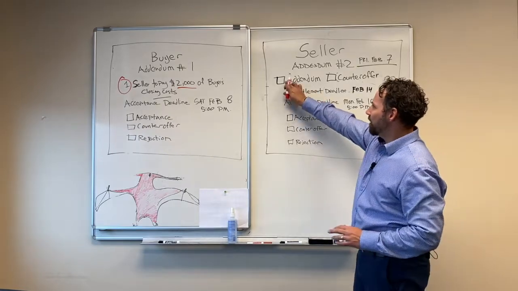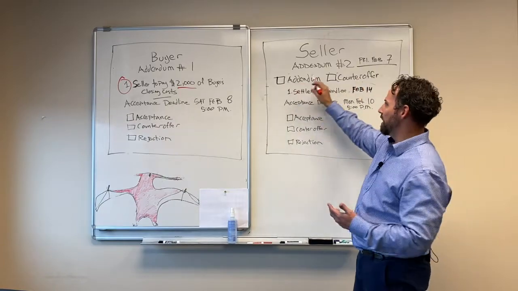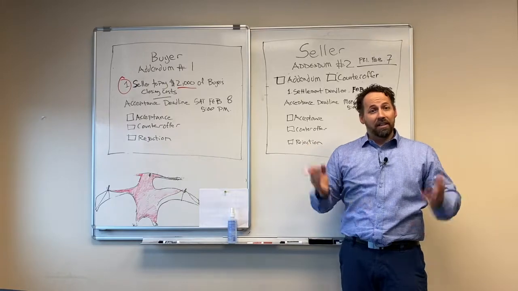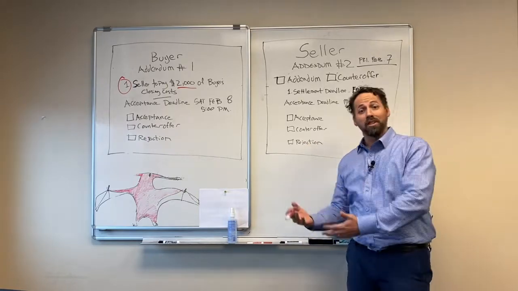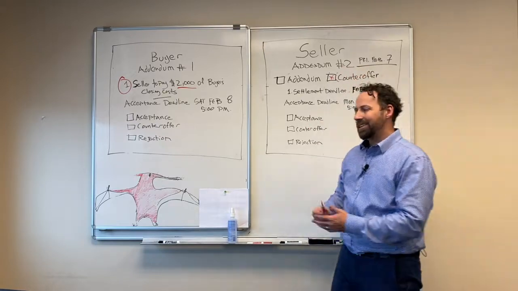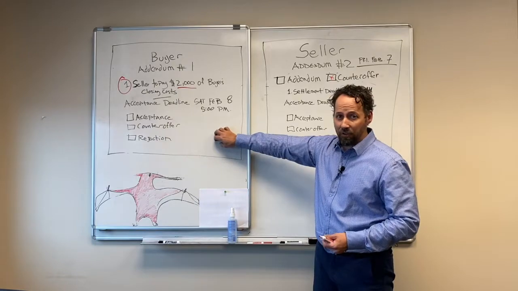Now, the seller has the opportunity to mark one of these boxes indicating whether addendum number 2 is its own addendum or it's a counteroffer. So if they marked counteroffer here, then probably a safe assumption that they're meaning to counter this.